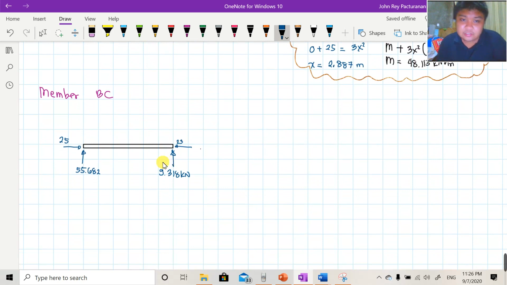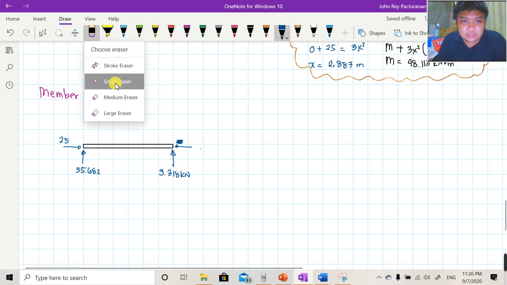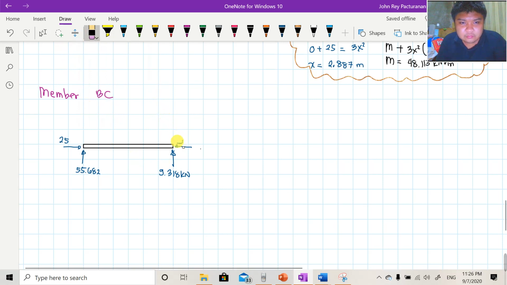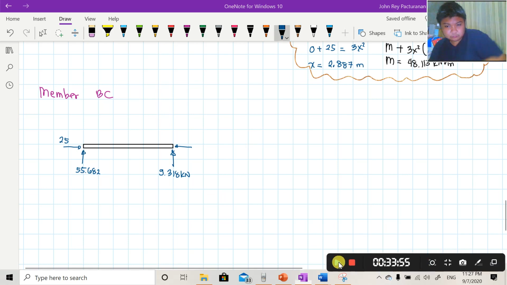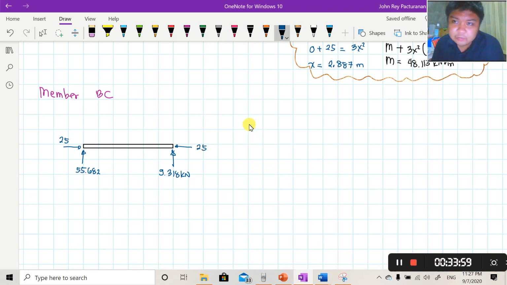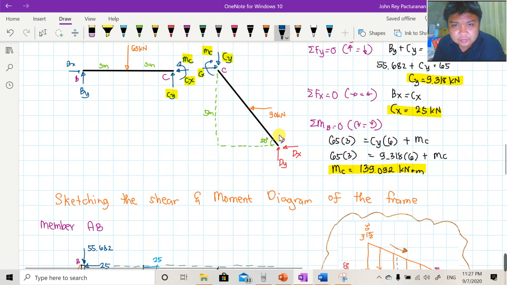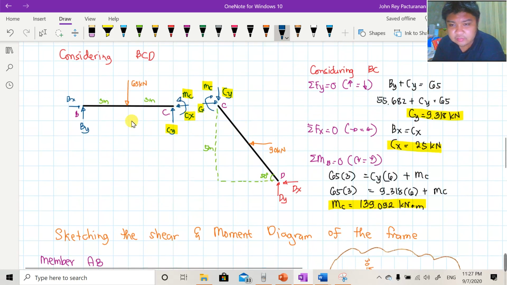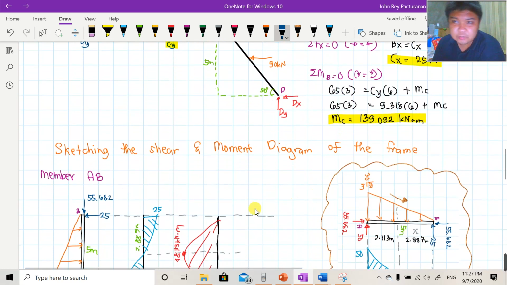And lastly, do not forget that we consider a moment here, di ba? We are going to consider the moment. Wait lang. Medyo nag-error itong OneNote ko. Okay, so this is 25 kilonewtons. And lastly, for the moment, ganito siya, counterclockwise considering BC, 139.092.